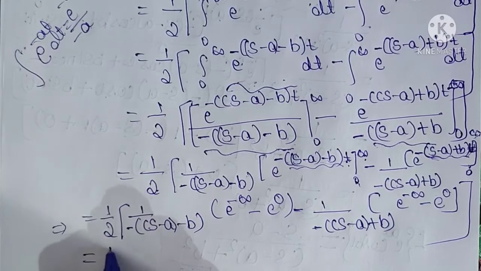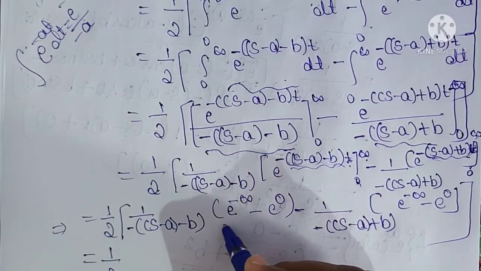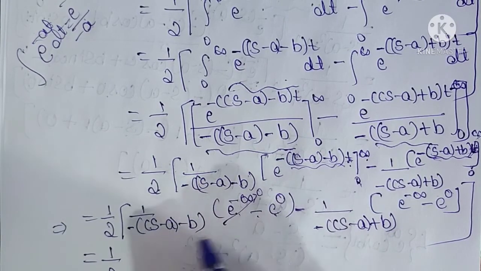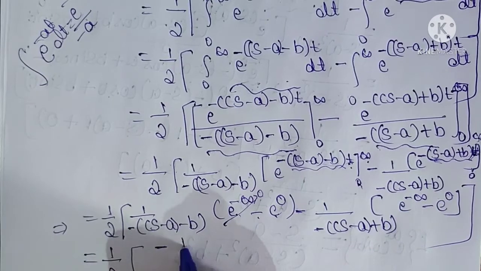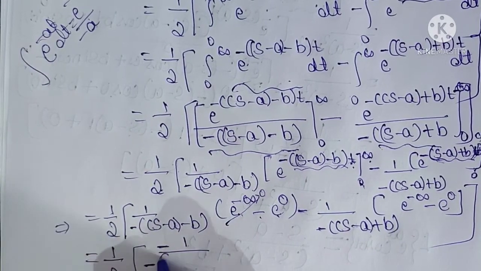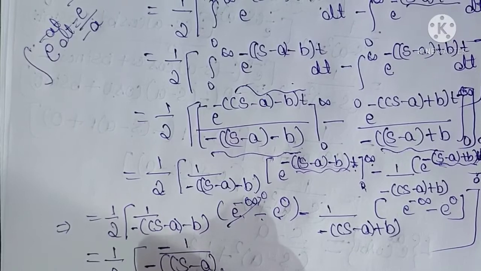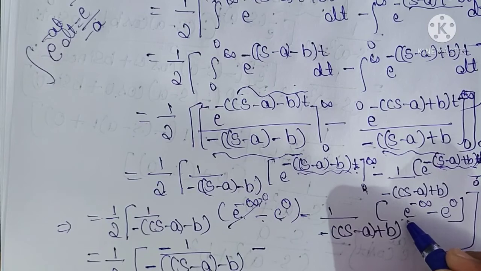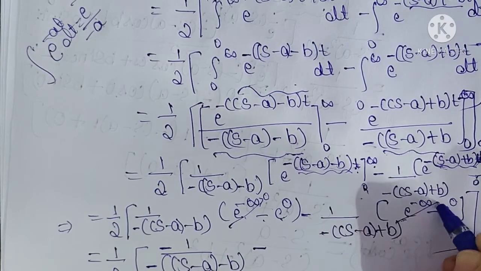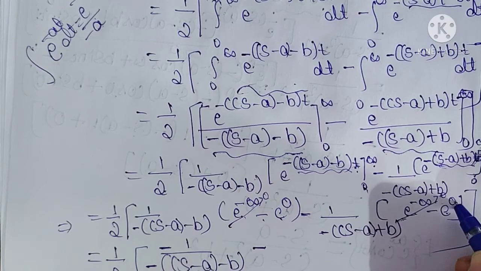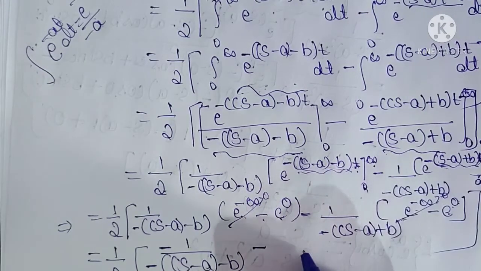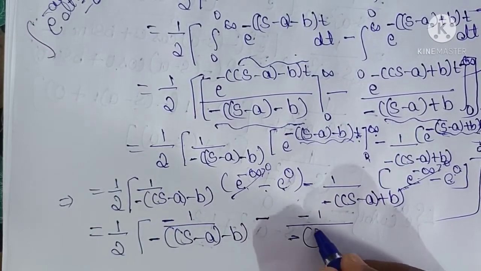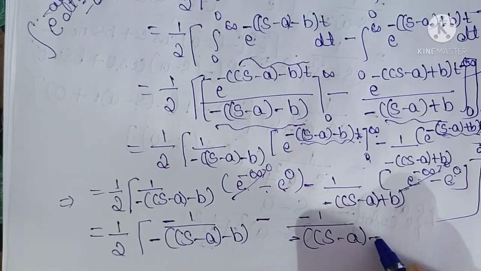This is equal to 1 by 2 into e power minus infinity, value is 0. This e power 0 value is 1, into minus 1 is minus 1. Minus 1 divided by minus s minus a minus b, minus, here e power minus infinity value is 0. E power 0 value is 1. 0 minus 1 is minus 1 divided by minus s minus a plus b.